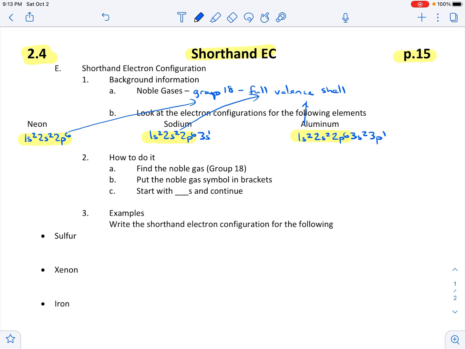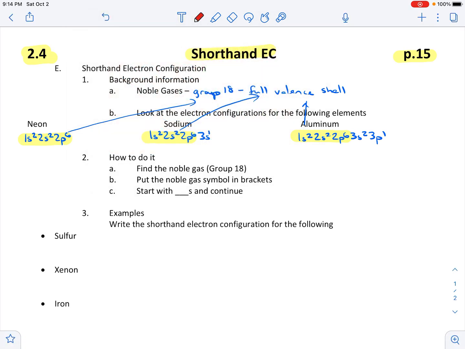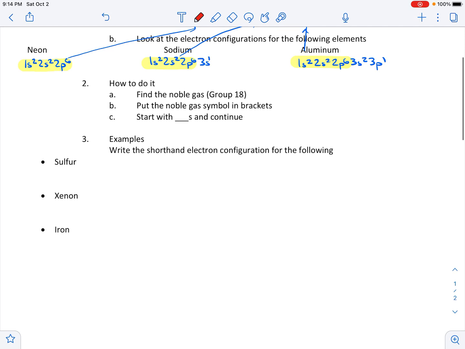So let's see if we can do this. Hopefully you have your periodic table handy. If not, go grab it real quick and let's see what we got. Okay, so sulfur. Sulfur has 16 electrons. It's S. What we're going to do is work back and look at the noble gas in the row prior to sulfur. That's going to be neon, so we put Ne in brackets.